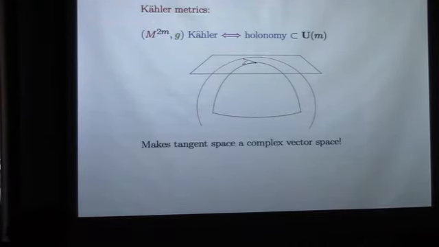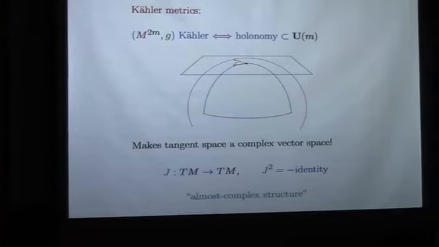In other words, when this happens, the tangent space could be thought of as a complex vector space in a rather canonical way. That means there's a linear transformation of the tangent space, initially at our base point, mapping itself into itself with square minus 1, which would correspond to multiplying by i.